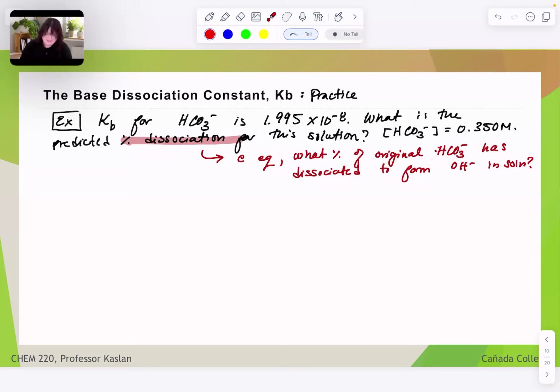Ice table. So let's write out our dissociation equilibrium for the bicarbonate ion. So that is HCO3 minus, surrounded by water.